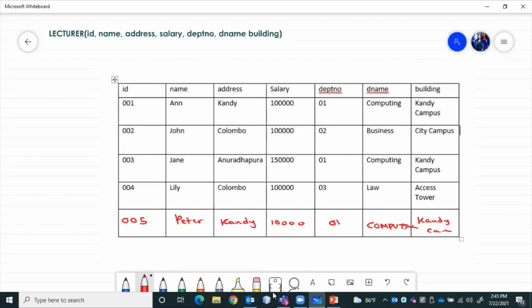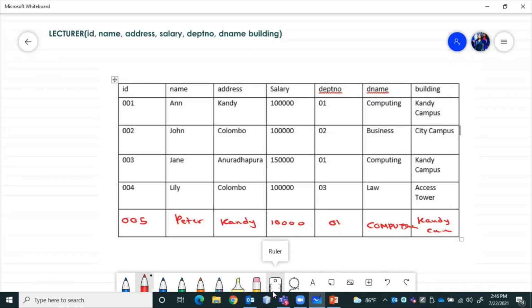Same department, but two different names. The computer doesn't understand that these two are the same thing. This one starts with a capital letter and the other letters are simple, but here we have caps lock letters. Then the computer cannot understand whether these two are the same or not.